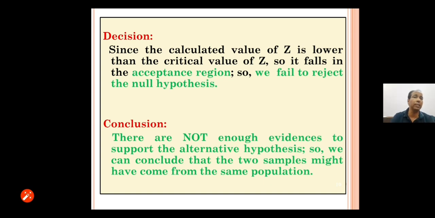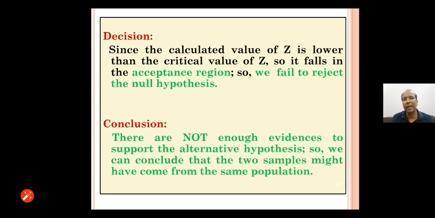Since the calculated value of Z is within the critical value of Z, it falls in the acceptance region. Therefore, we fail to reject the null hypothesis. Let me remind you once again, we cannot say that we accept the null hypothesis, but we say that we fail to reject the null hypothesis.